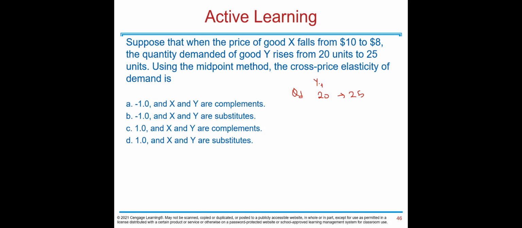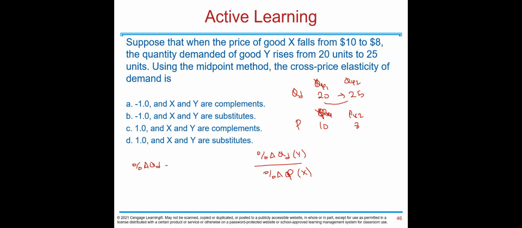So QY1 to QY2 is 20 to 25, and the price of good X falls from PX1, 10, to PX2, 8. So we need to find the percentage change in quantity demanded of good Y divided by the percentage change in price of good X.